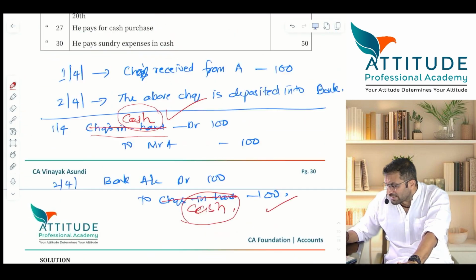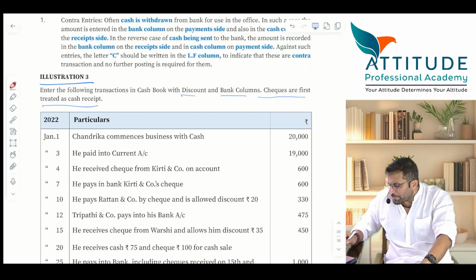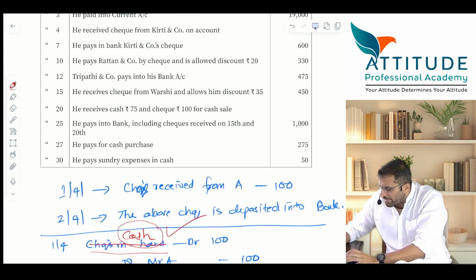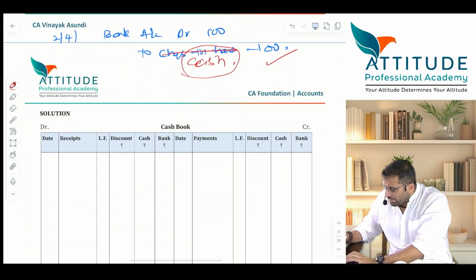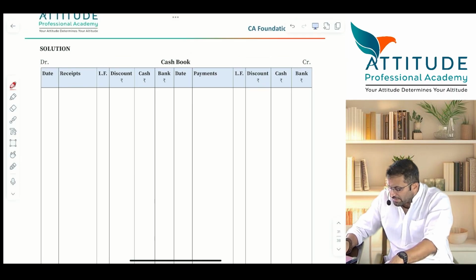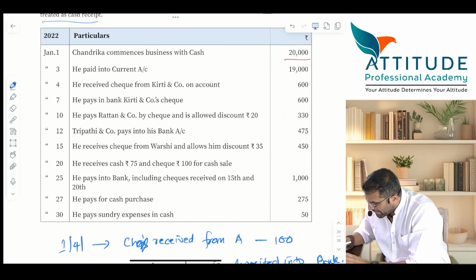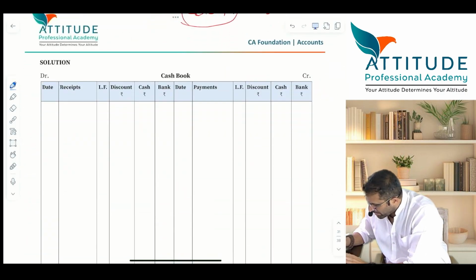Okay, shall we proceed, guys? Okay, now one by one you have to tell me. Chandrika commenced business with cash. How much? 20,000. Okay, fair enough. Please tell me the entry. How many columns are there? Barabar hai? Date? What is the date? Jan 1st? 20,000. Yeah, tell me.